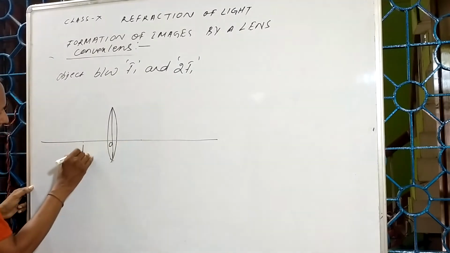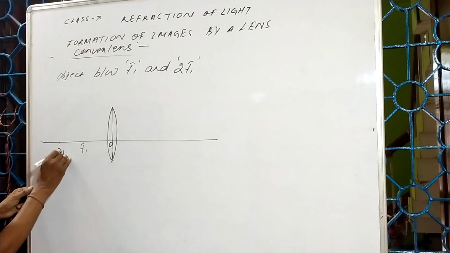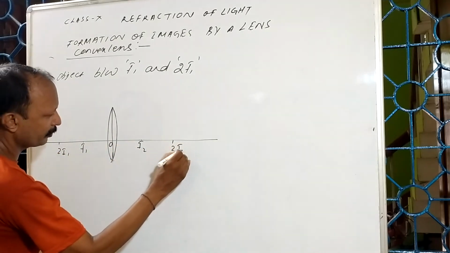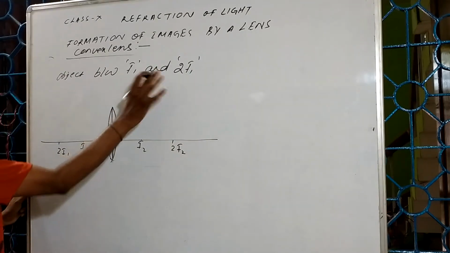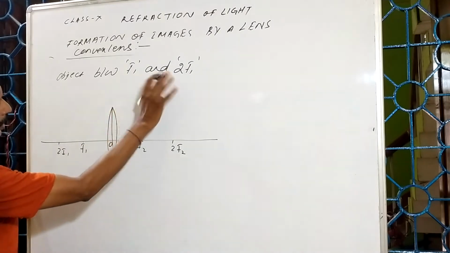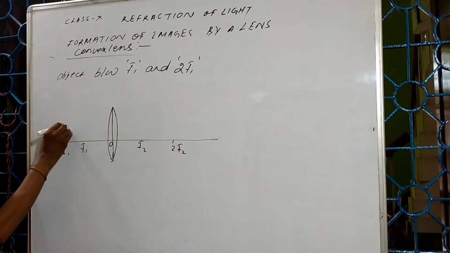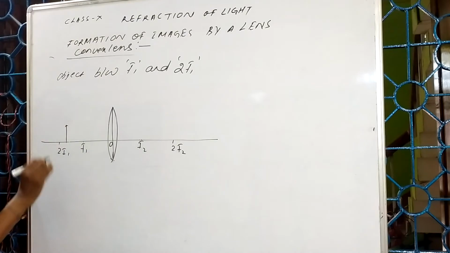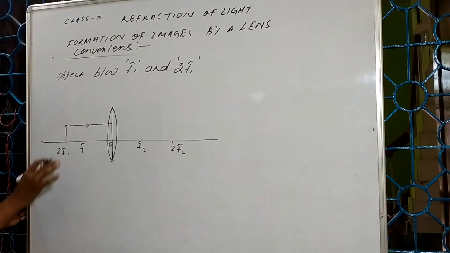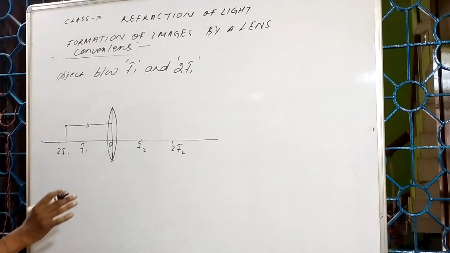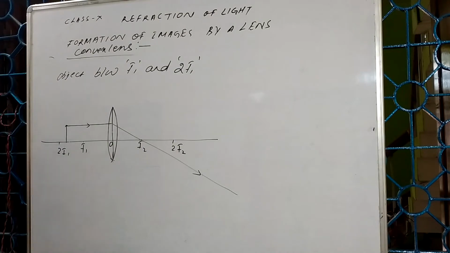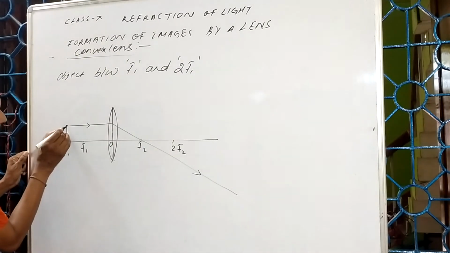This point is F1, this is 2F1, this is F2, this is 2F2. Suppose the object is here. This is the incident ray which is moving parallel to the principal axis. So definitely it will pass through this focus.